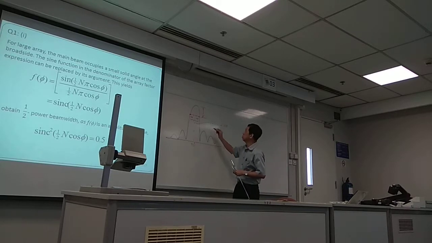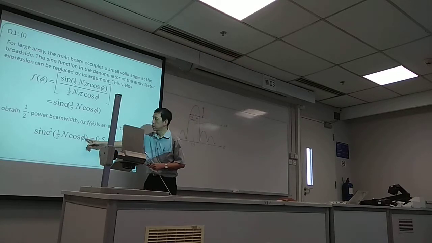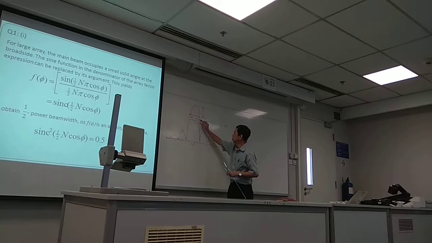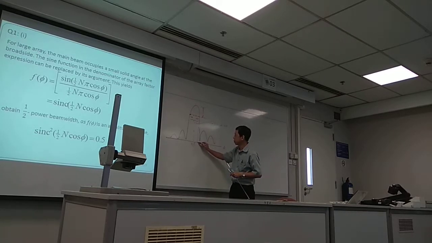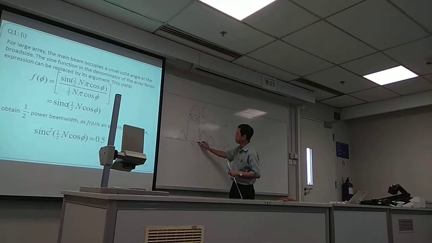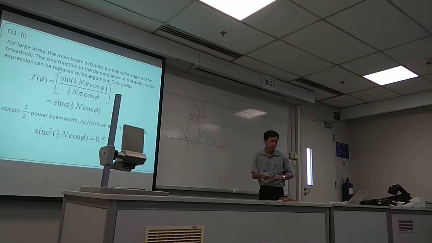When you solve for the phi value from the equation, we will know what this value is, right? This is the value of phi. We can either solve for this value or we can solve for this value. Follow? If we know this value, or that value minus 90 degrees, we know the width. Right? So that's basically what we are trying to do here.